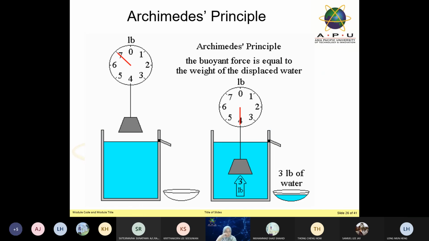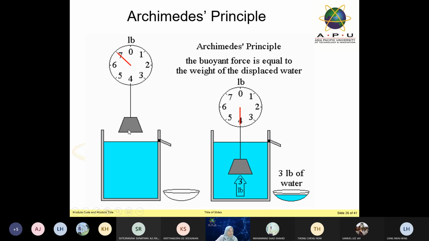Okay, next is Archimedes' principle. Just now we learned Pascal's principle only. Now we enter Archimedes' principle. Archimedes' principle states that the buoyant force is equal to the weight of the displaced water.